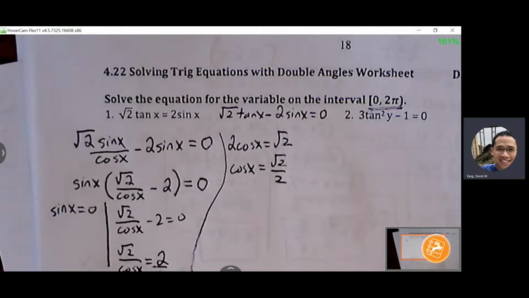Okay, so where's sine of x equal to 0? 0 and pi, okay. Where is cosine equal to root 2 over 2? Yeah, first and fourth quadrant, pi over 4 and 7 pi over 4, okay.